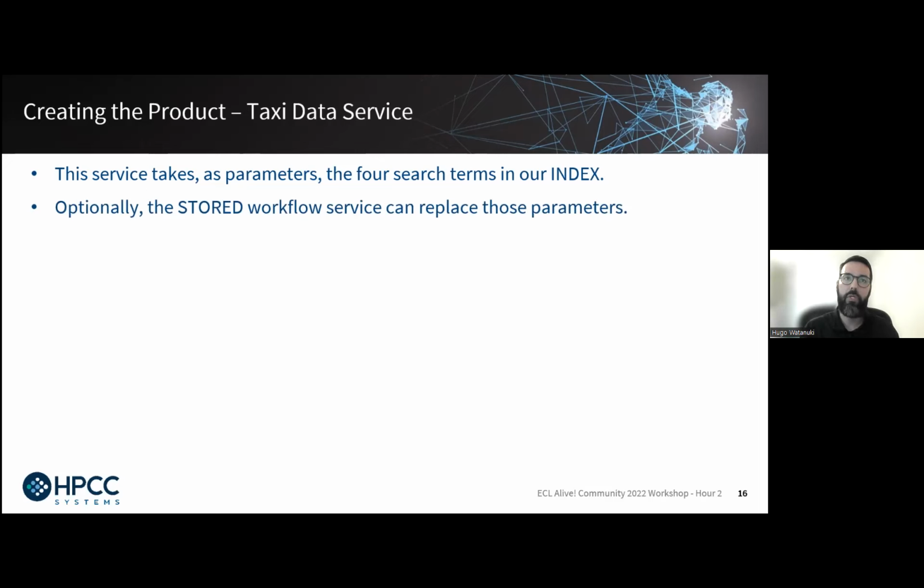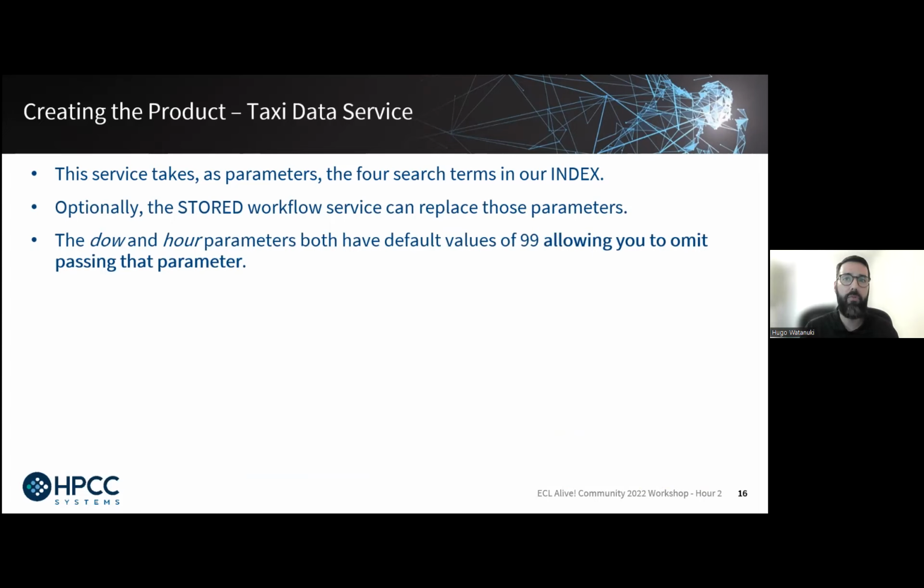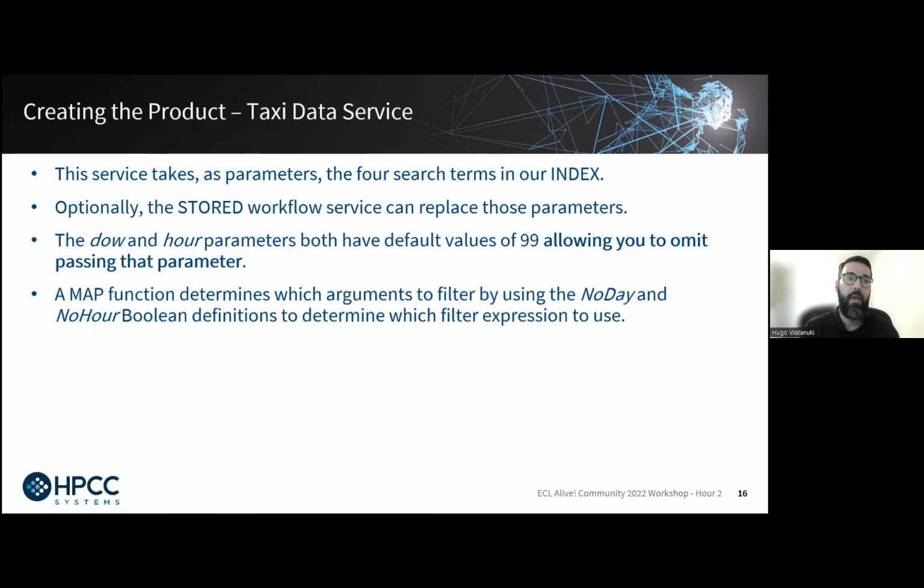Optionally, we will use the STORED workflow service to replace those parameters. We will also provide default values of 99 for any parameters that you might want to omit, in case that's desired. And all the filtering logic will be contained within a map function. So depending on how many parameters are being passed, we can filter the index accordingly.